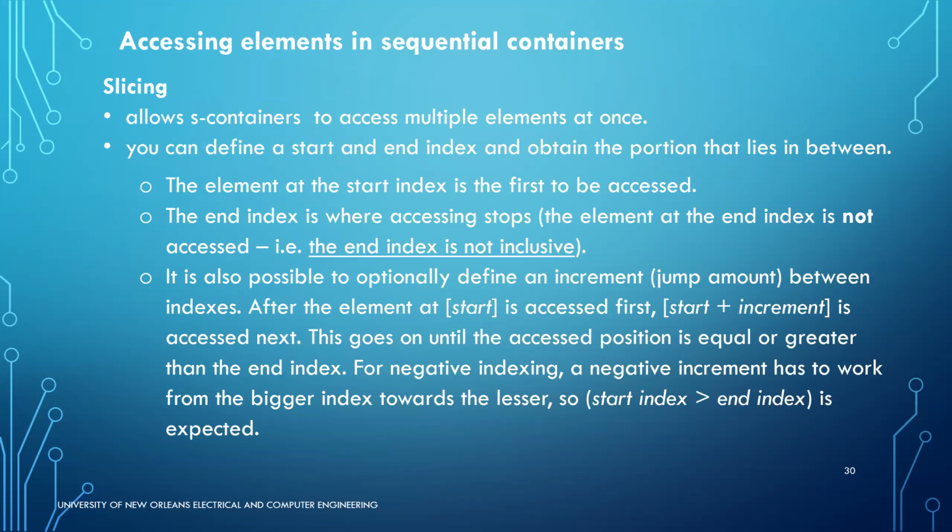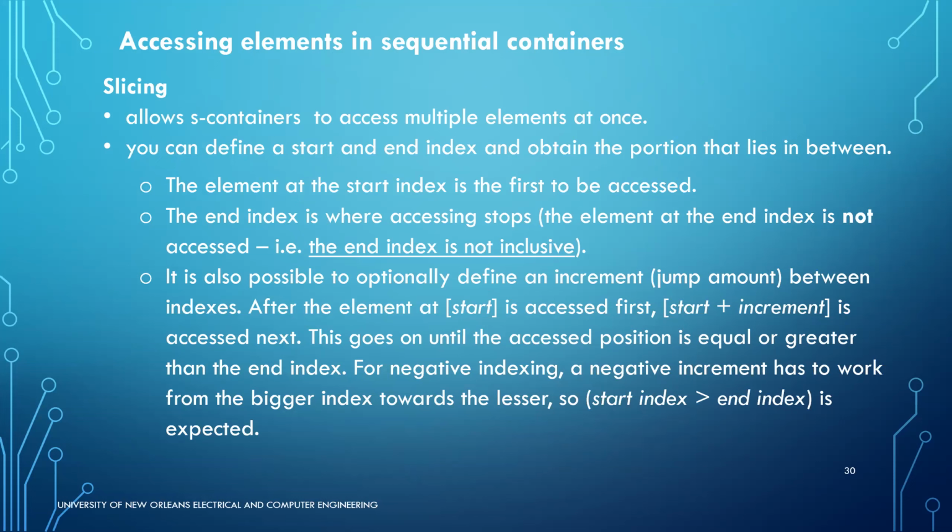So one of the things that we can do to manipulate lists or S containers, as we call them, the entire group, is that we can use slicing. And slicing allows S containers to access multiple elements at once. You can define a start and an end index, and obtain the portion that lies in between. The element of the start index is the first to be accessed.